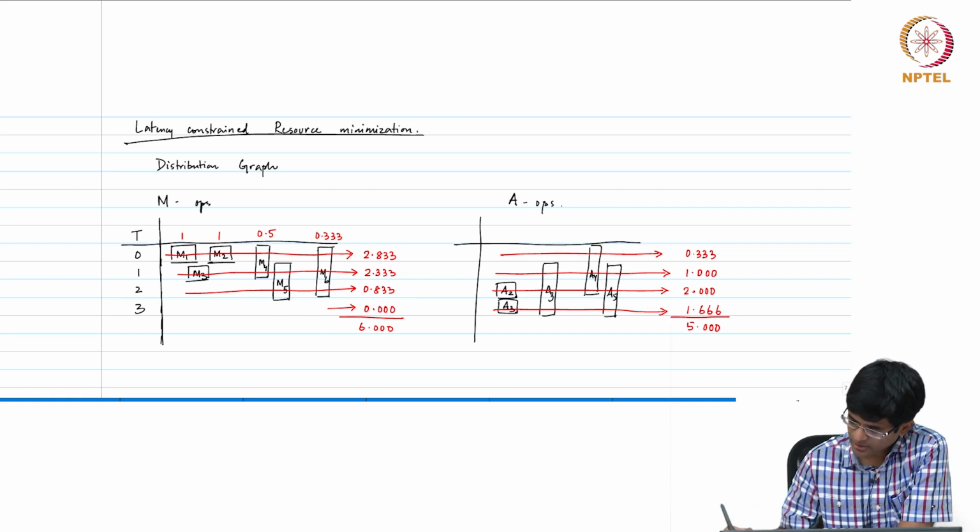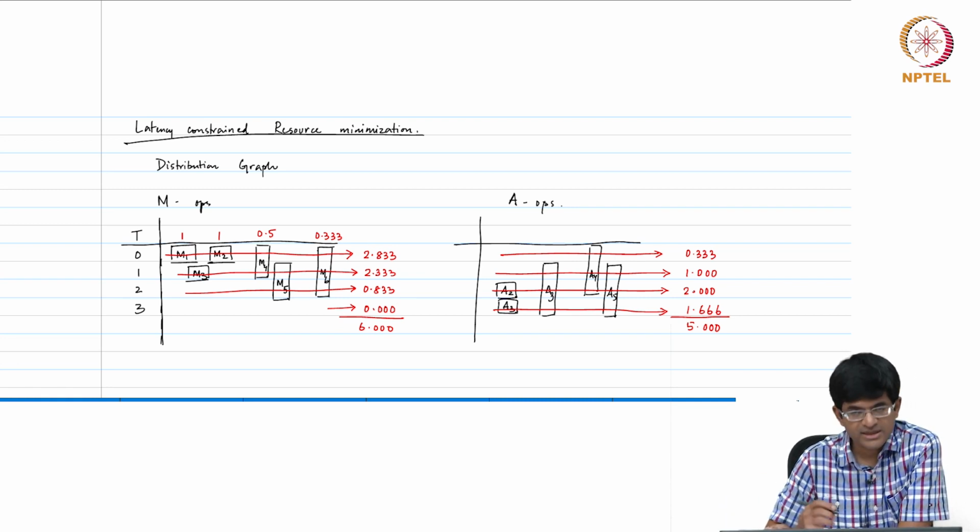Okay. Now, how do I make use of this information? This is where the force concept by Pauling and Knight came into the picture. Effectively, what they said is this number 2.83 or 2.33 can be thought of as something like a spring constant of a spring which is trying to push operations out of that particular time step. Okay.